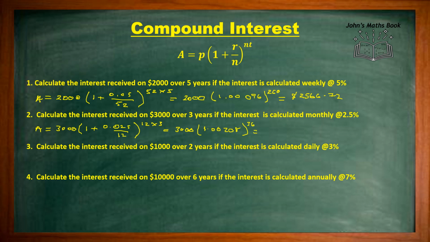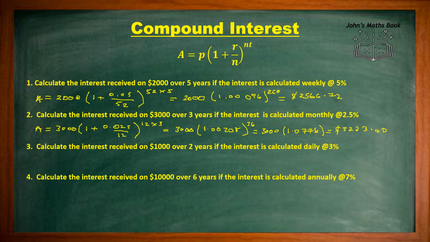So that is 3,000 multiplied by 1.0778, and that in dollars is $3,233.40.